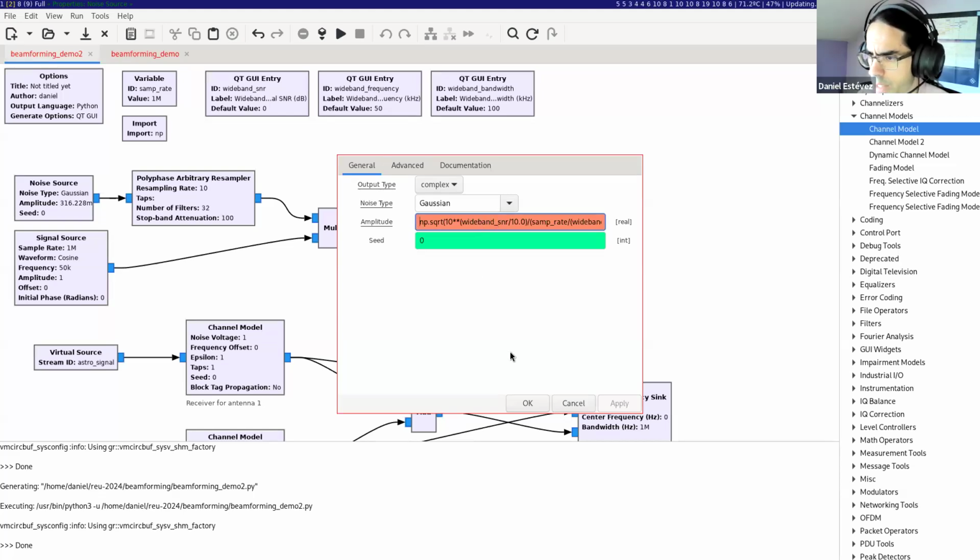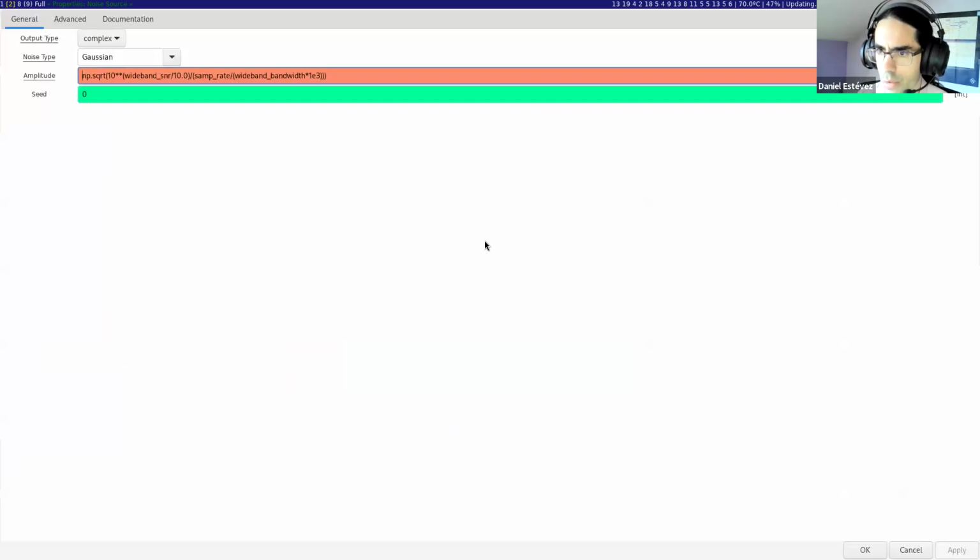We have seen this formula before, maybe broken down into its components, but this is basically how you convert from, let me see if I can show these. Okay, yes. So with this formula you can compute the amplitude that gives the appropriate SNR.